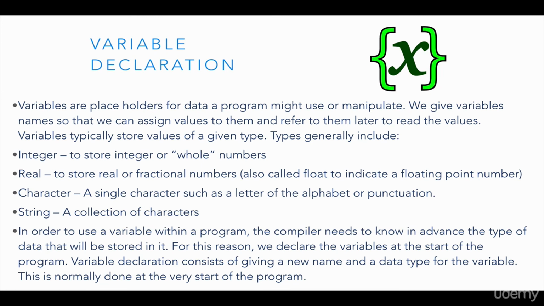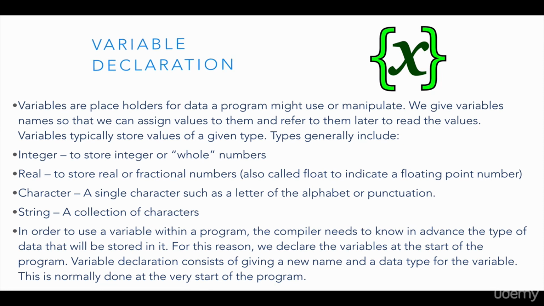And second, we should give our variable a name, and then we can assign a value to it, or we can just declare it, and then someplace in the code assign a value to that variable. Okay, I will be talking about variables later in the next section when we are actually coding in Java. In this section, I just want to give you an introduction to programming and the basic concepts of programming.